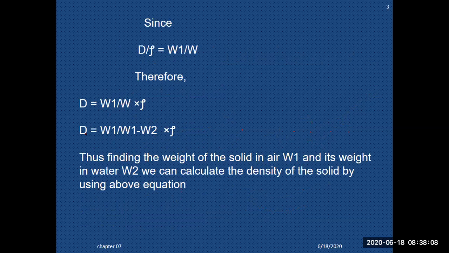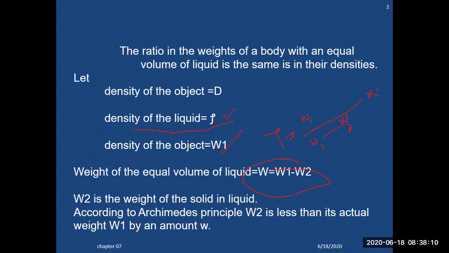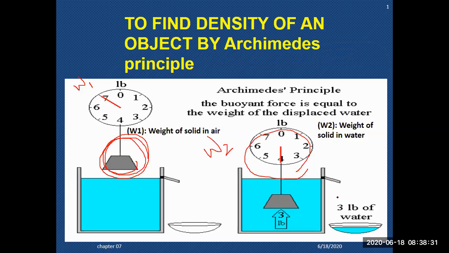I have taken rho here, but you can also take D here and rho for the density of water. If you put the values here, you will get the density of any object which was not known to you. This is the technique used to find the density of any object.